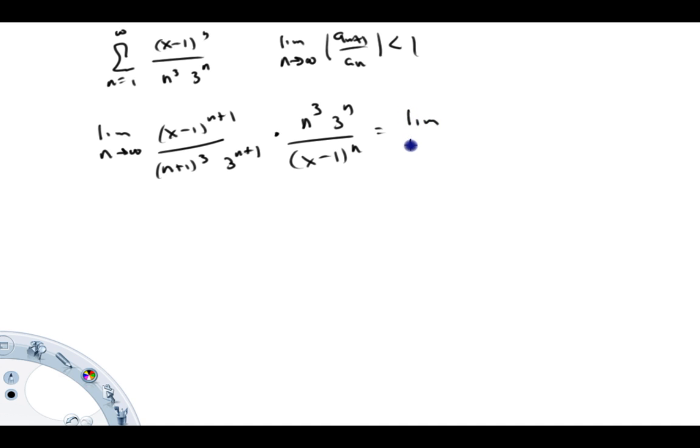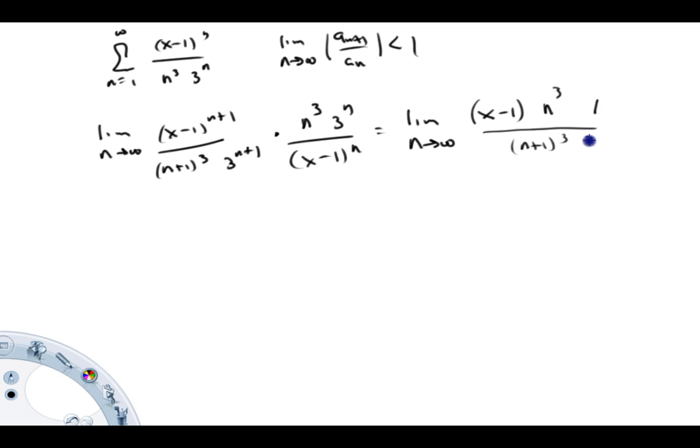So limit as n goes to infinity. Alright, so let's group these things. (x minus 1) to the n plus 1 over (x minus 1) to the n, that's x minus 1. N cubed over (n plus 1) cubed, I'll just leave those grouped together. And okay, these 3 to the n's here, we've got a 3 to the n up top, 3 to the n plus 1 on the bottom.